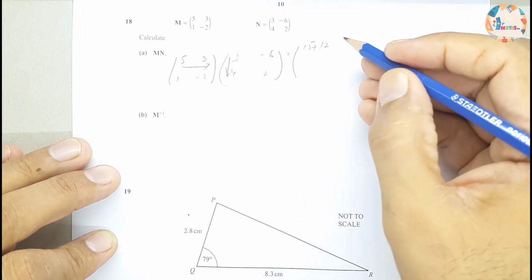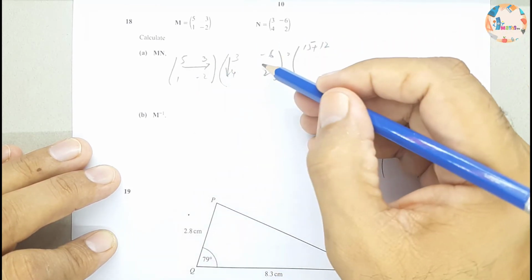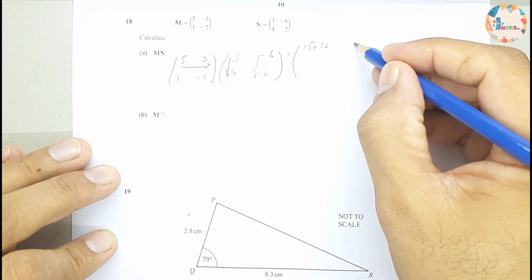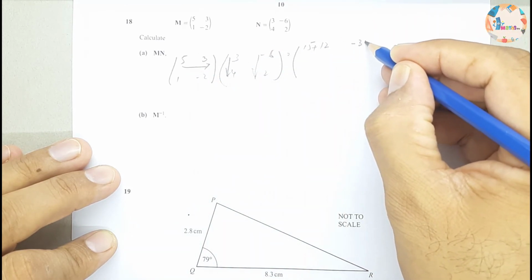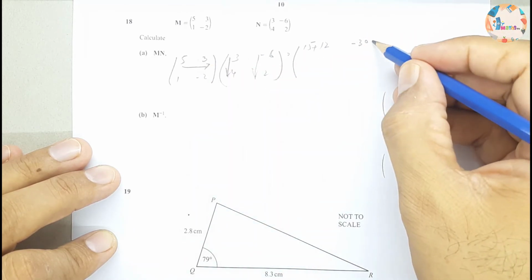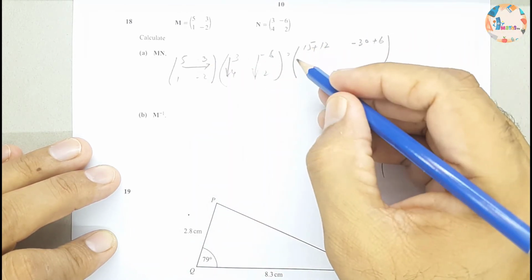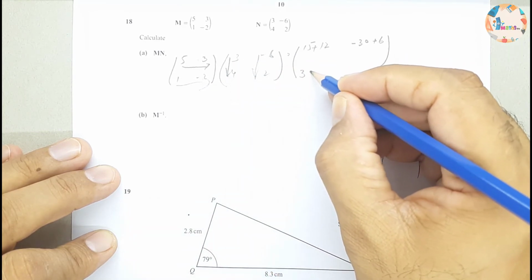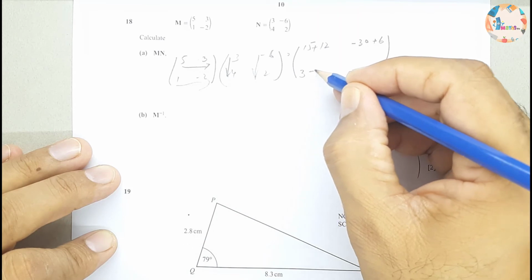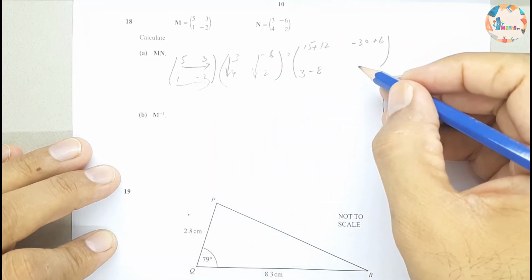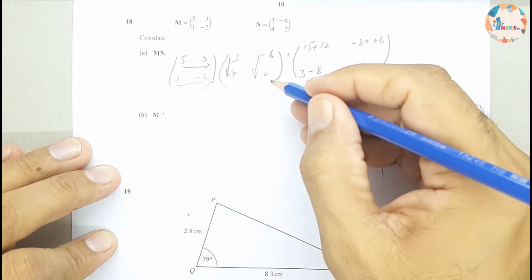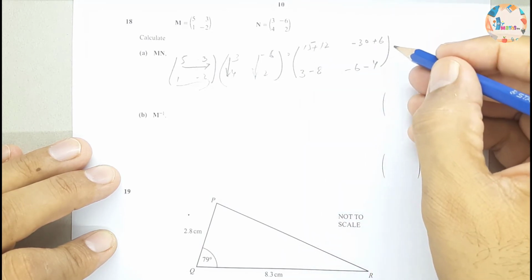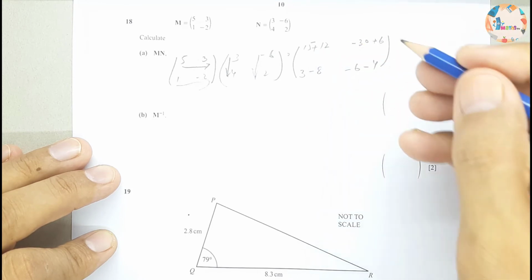First row, second column: 5 into minus 6 will be minus 30, and 3 into 2 will be 6. Second row and first column: 1 into 3 is 3, and minus 2 into 4 will be minus 8. Then 1 into minus 6 will be minus 6, minus 2 into 2 will be minus 4.